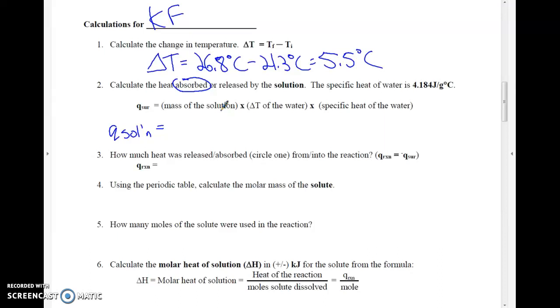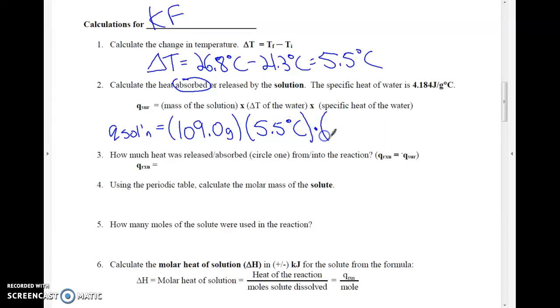The solvent was the 100.0 grams of H2O. So we have to add those together. So make sure you use that 109.0 at this point, or whatever mass it's going to be for you, because it probably won't be exactly 109.0. But make sure you use the mass of the solution, not the solute or the solvent, but both of those combined.